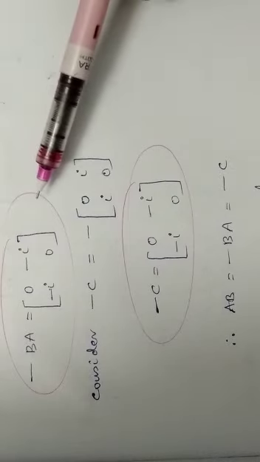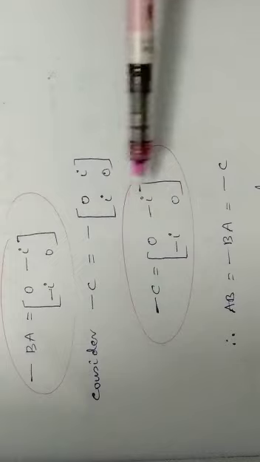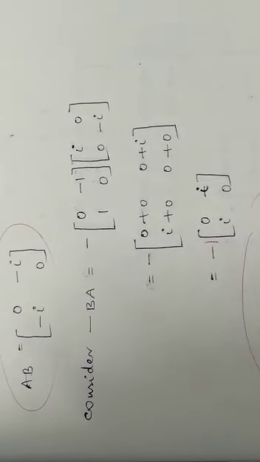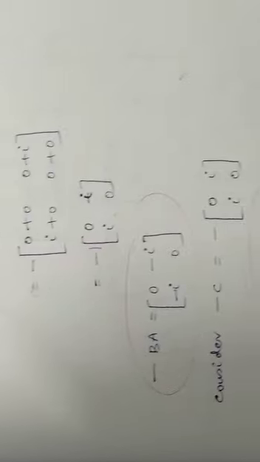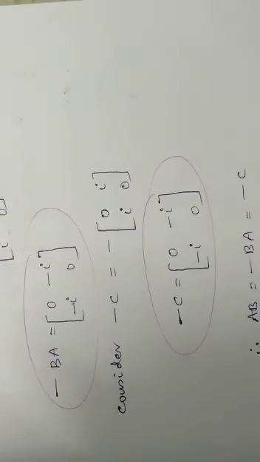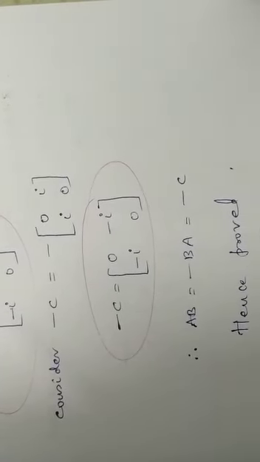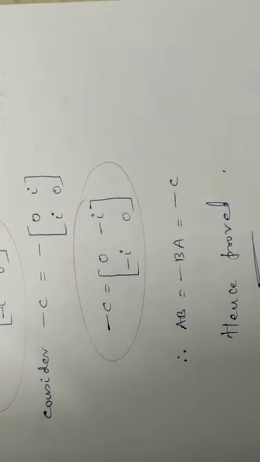Here you can see that minus BA and minus C are equal. Similarly check with AB. So AB also I got the same. So all the three are equal. Hence AB equal to minus BA equal to minus C. Hence proved. Therefore this problem is over.